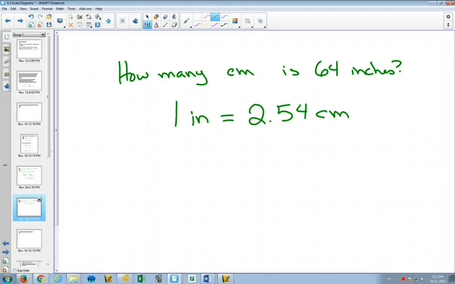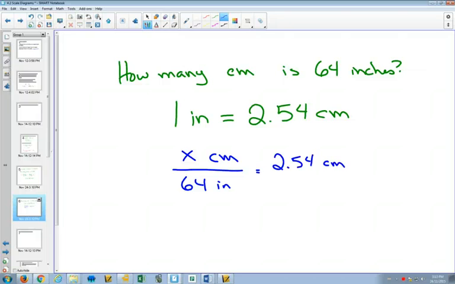So looking at our ruler, we find out how much 1 inch is. So now how are you going to figure out how much 64 inches is? Well, we could set up our proportion. We want to find out how many centimeters is 64 inches. We know that there are 2.54 centimeters in 1 inch.